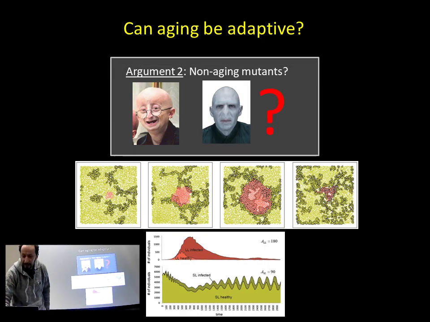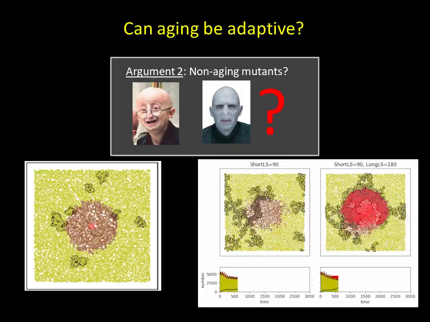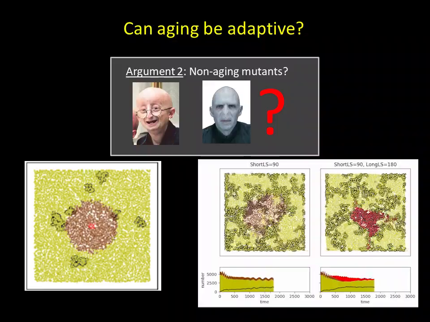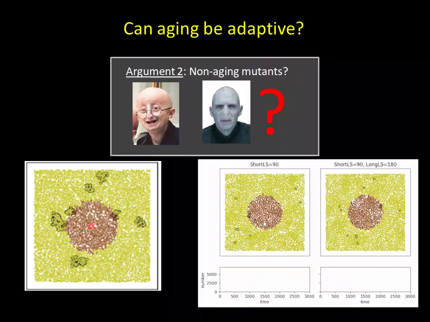Second, what about the non-aging mutants? The answer to this question goes, again, to this very unusual type of selection. Let's assume we have two types of short-lived hosts. In this case, yellow and brown have exactly the same lifespan.